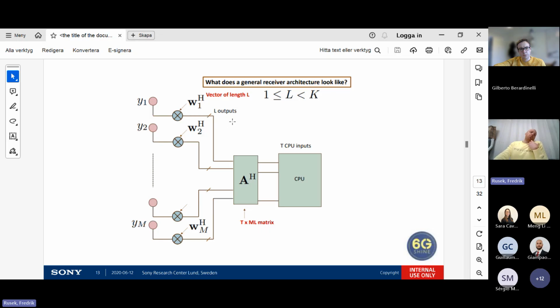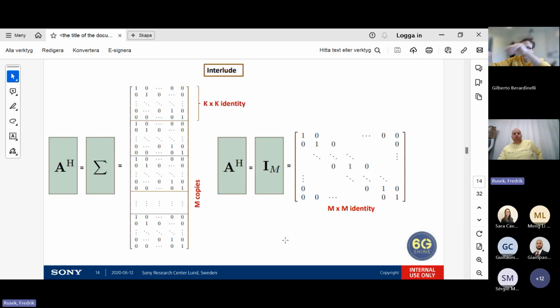So now my receiver architecture will be this, according to what we have on the screen. What remains is to specify what W is, what A is, and when it is optimum. Here is a small example. If we have the MRC receiver, this A Hermitian matrix looks like this.